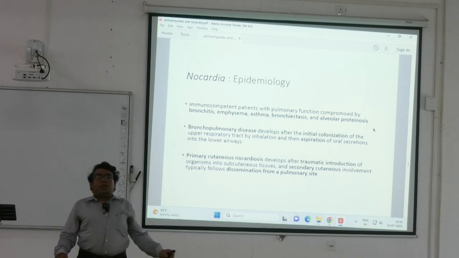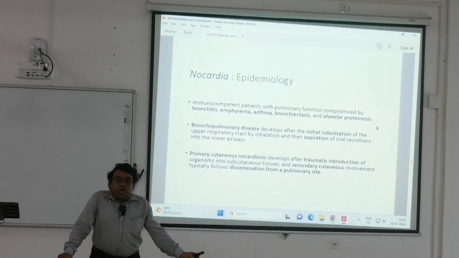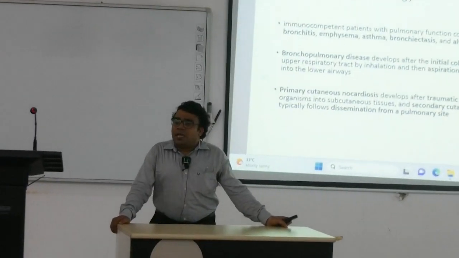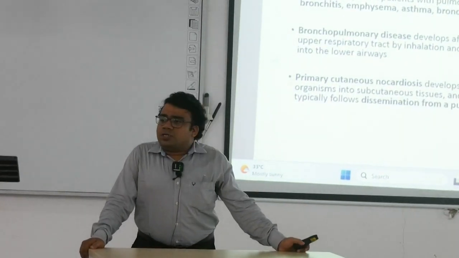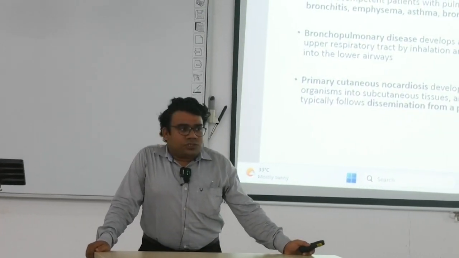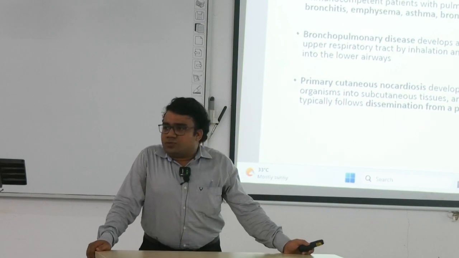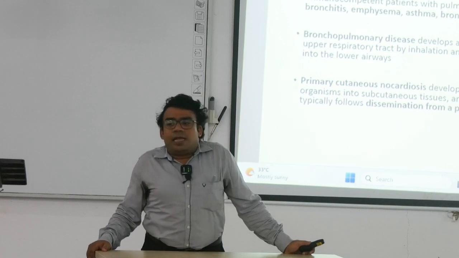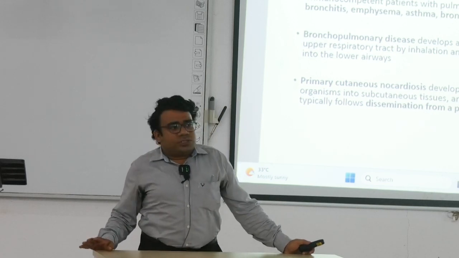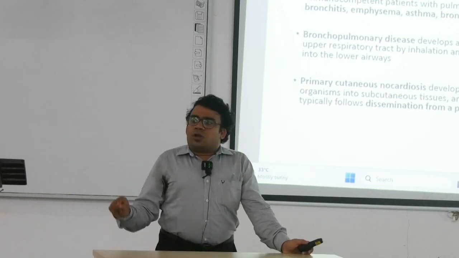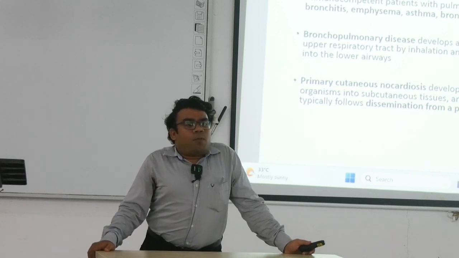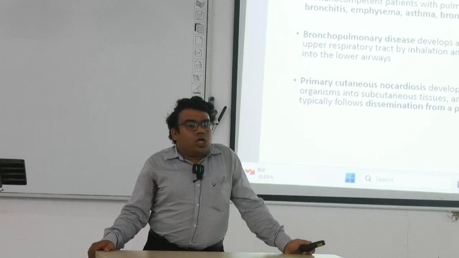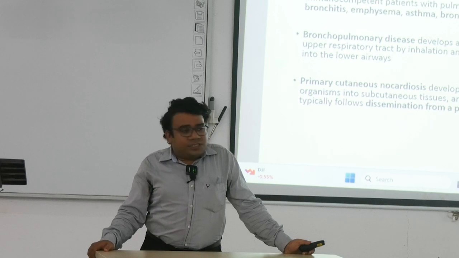Other infection would be cutaneous nocardiosis. Now, cutaneous nocardiosis may be of two forms: primary cutaneous nocardiosis and secondary cutaneous nocardiosis. The difference is that in primary cutaneous nocardiosis, the inoculation commonly occurs by traumatic inoculation of soil or soil like material on the skin itself.